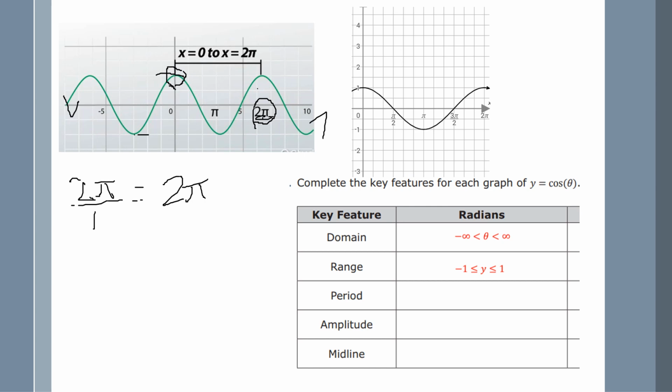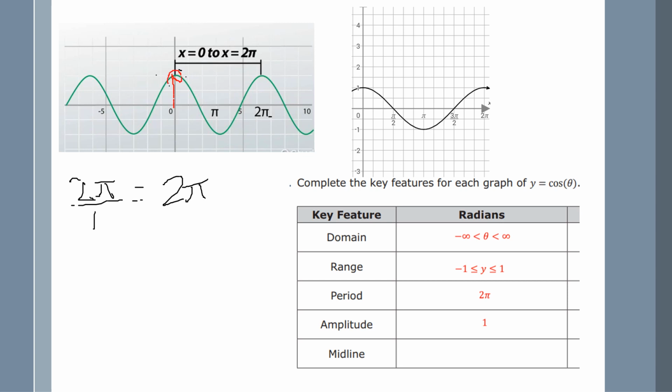So the period, we just did that. I told you that the period was just 2 pi. The amplitude is 1, so let me explain where that comes from. Draw your line from 0 and look for your high points.